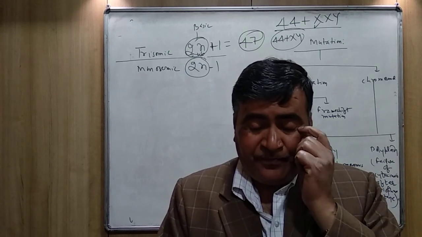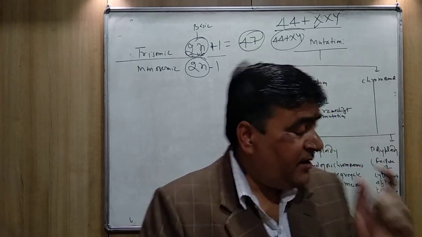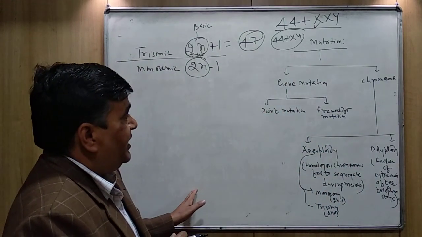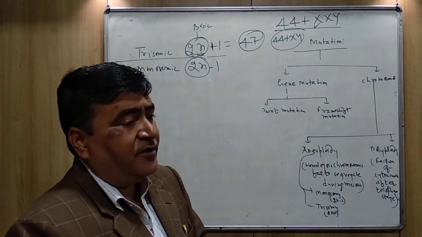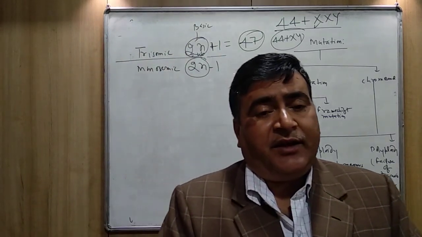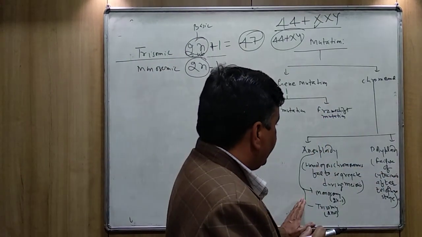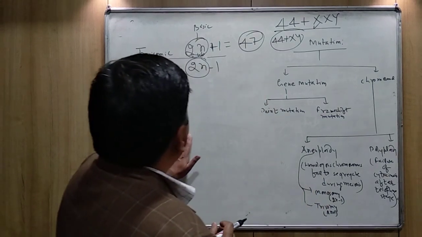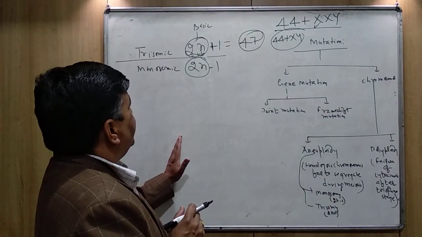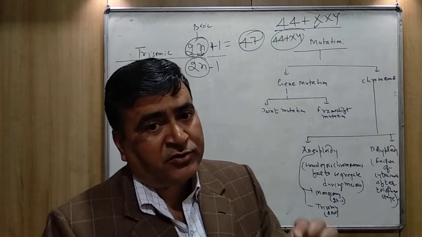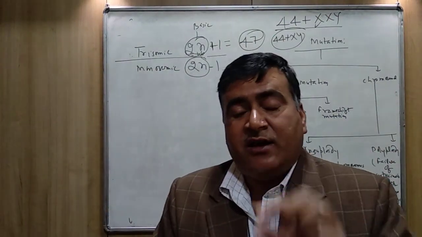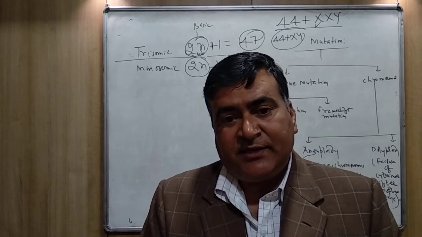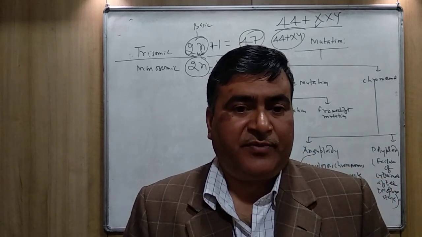But overall, in aneuploidy, what is going on? Aneuploidy is divided into two types, monosomic and trisomic. In trisomic, one chromosome is added into the basic set of the chromosomes.